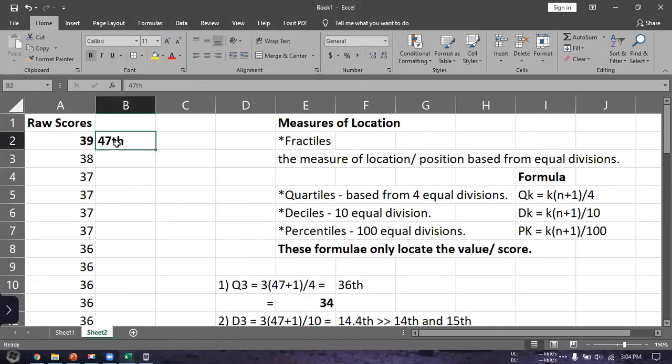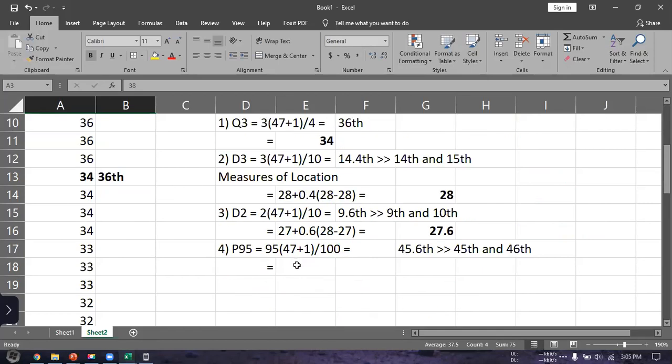Ayun, 45th and then the 46th. Kuha natin yung gusto natin kanina. So use these values, 37 being the lower one. Add 37 with the 0.6 of the difference between the 46th and the 45th.